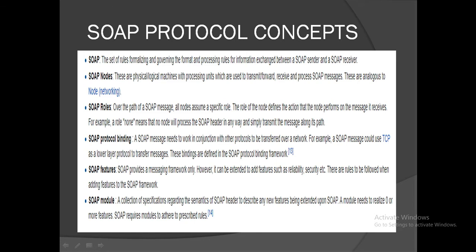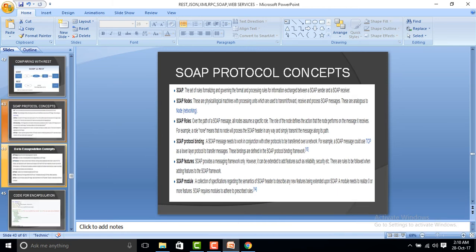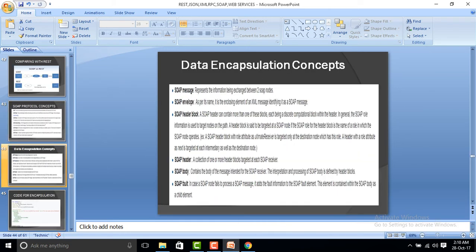These bindings are defined as the SOAP protocol binding framework. There are some features and modules of SOAP, and I don't think we have enough time to discuss all of these, because we still have web services to discuss.